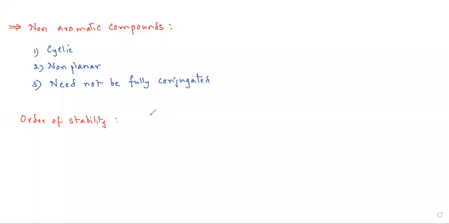See, the order of stability can be given as aromatic, then, of course, non-aromatic, and the least stable, anti-aromatic. Okay, now let us take some examples.